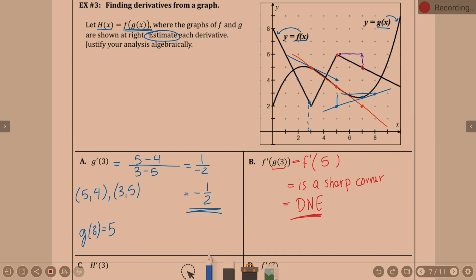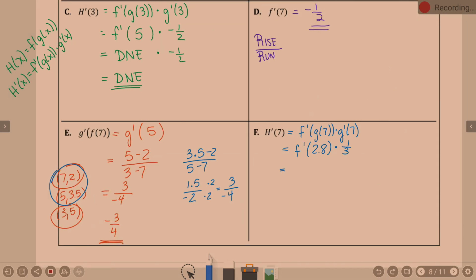No. Negative 2. You're upside down. Rise over run. Right here. Rise 2, run 1. So negative 2 over 1 times, if I have 1/3, then I'm going to say negative 2/3. Okay, as I said, that differs from what she uses as hers, but it's estimates.